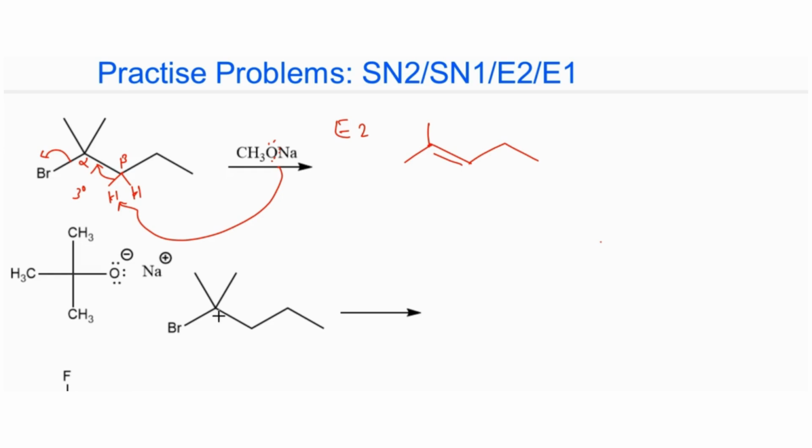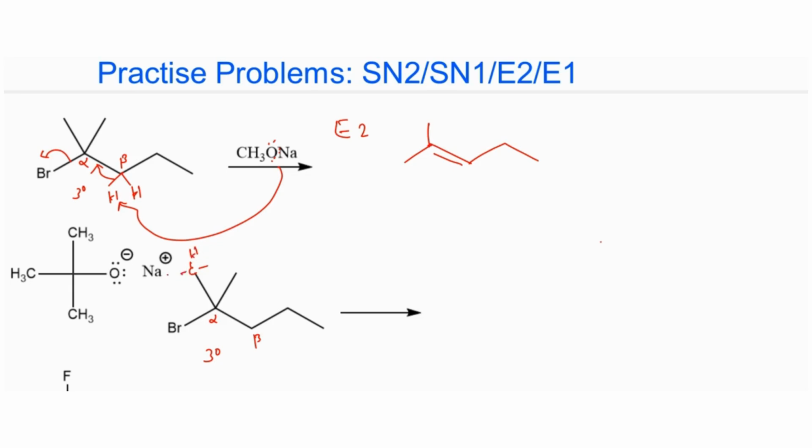What about here? Almost the same. This is the same tertiary alkyl halide, but here the base is bulkier. So this is an alpha carbon and this is a beta carbon. Please remember that whenever a bulkier base comes, it will try to abstract a proton from the least hindered beta carbon.